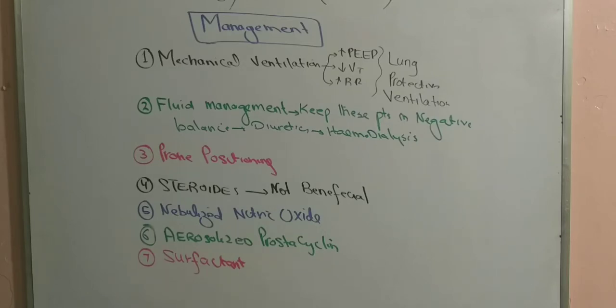Do not be very aggressive to get rid of the carbon dioxide, because for that you will have to increase the tidal volume and that can damage the lung. So we need to protect the lungs from the damaging effect of a high tidal volume.